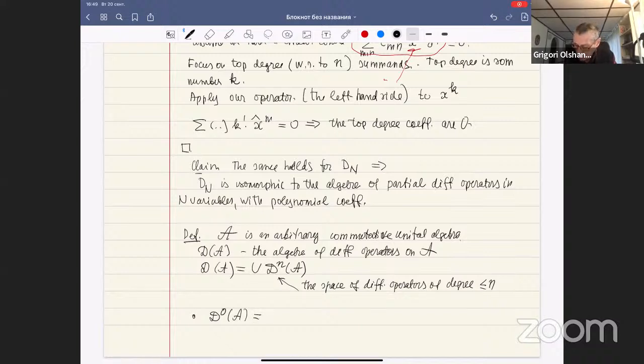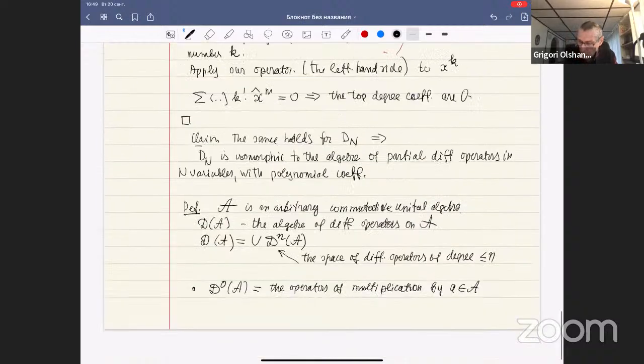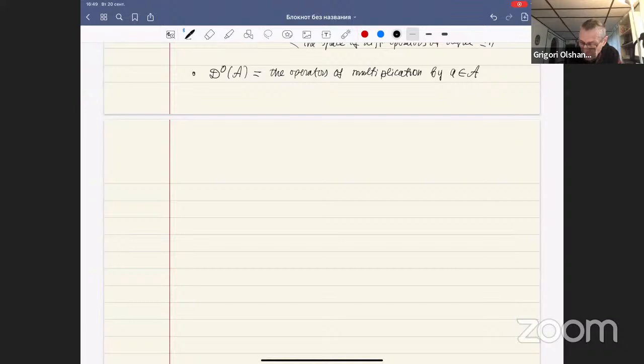These are the operators of multiplication by elements of A. In other words, the set of the multiplication operators, operating on A. So this is just the regular representation.